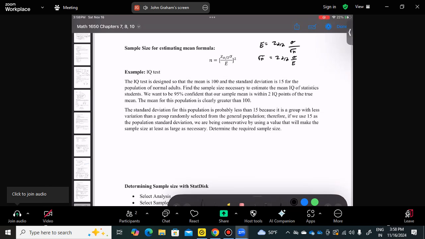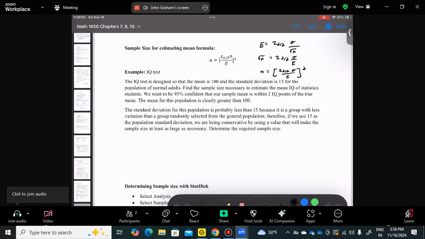And then that's the square root of n, not n, so we have to square both sides. And that is why everything here is squared. It's just the z alpha over 2 times the standard deviation over the margin of error, and then all of that is squared, and you get your sample size for estimating a mean.